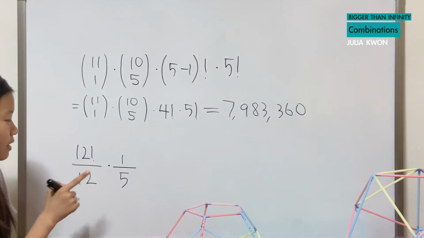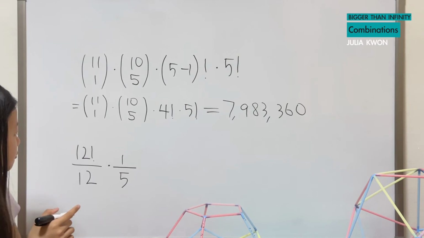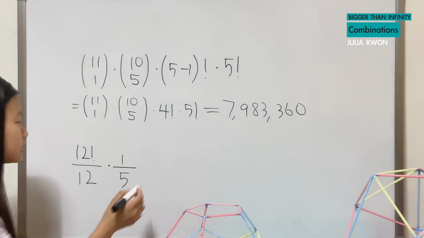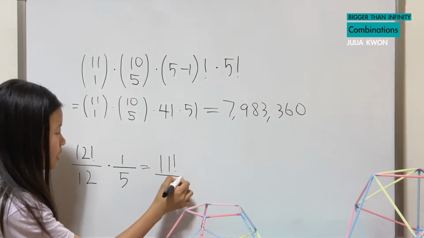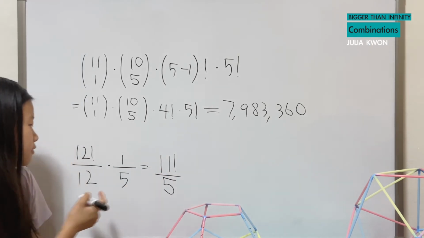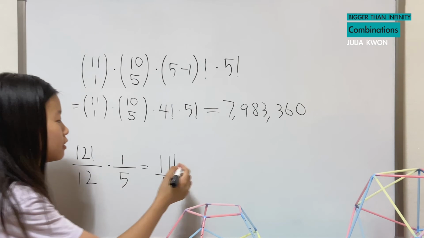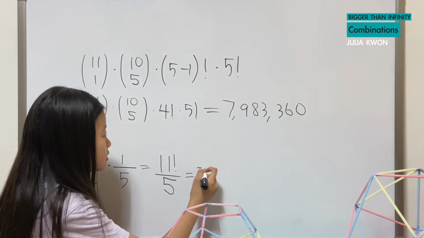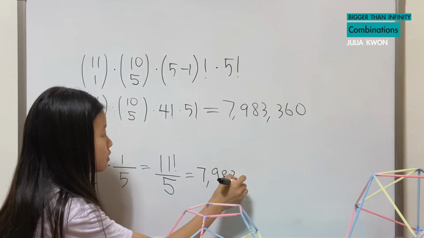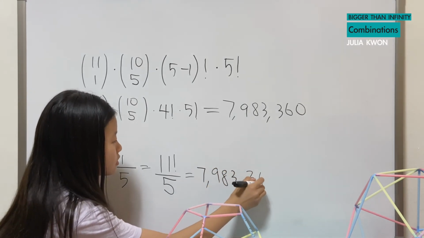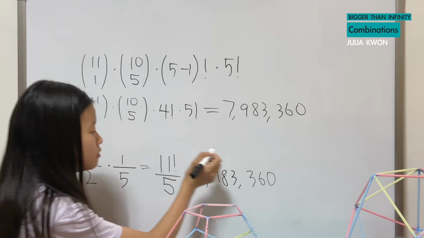So that would be divided by 5. And if we calculate this, well, this is just 11 factorial divided by 5. But if we calculated this, we would also get the same thing, of course. 7,983,360.